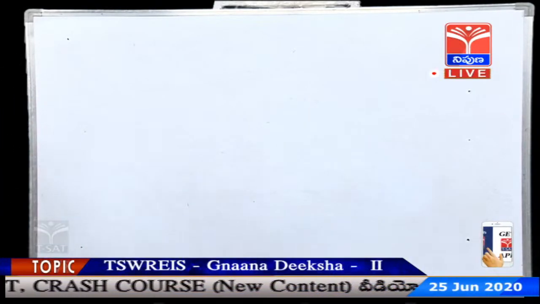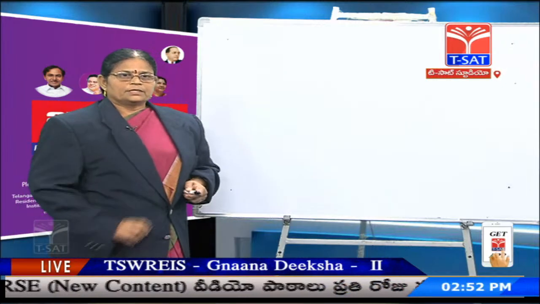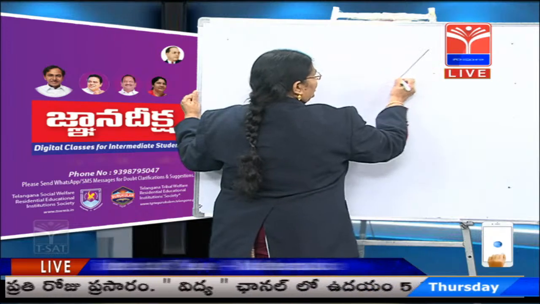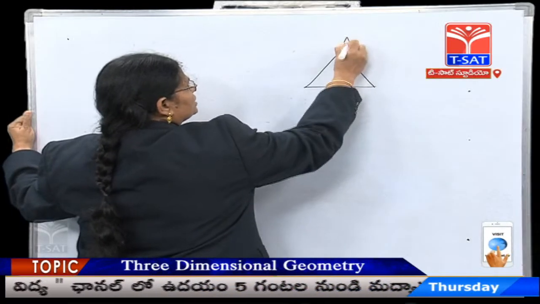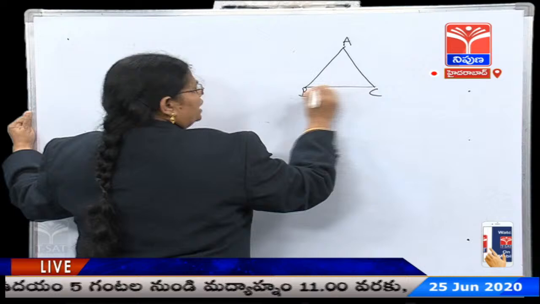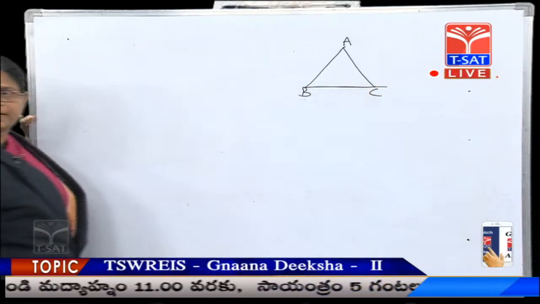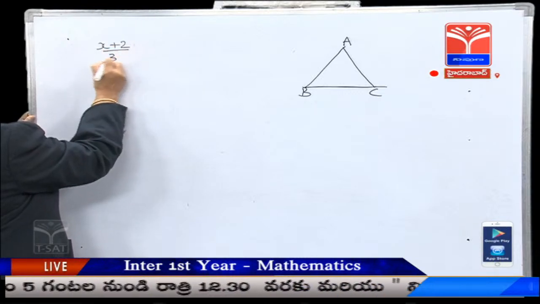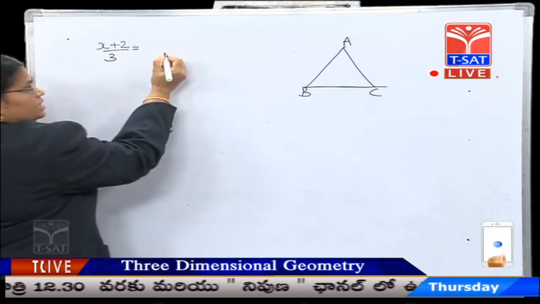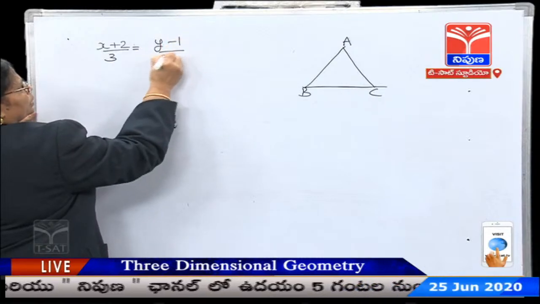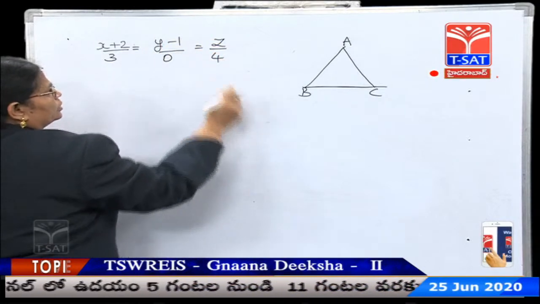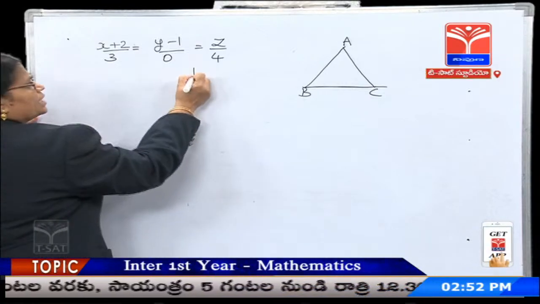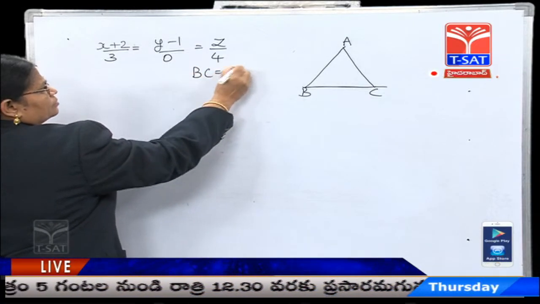The second problem: two vertices B and C of a triangle ABC are lying on the line (x plus 2) by 3 equal to (y minus 1) by 0 equal to z by 4, such that BC equal to 5 units.